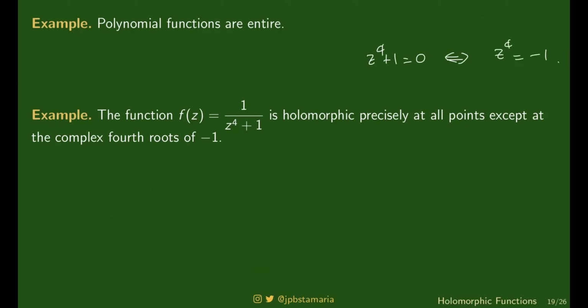So kung gusto nyong malaman precisely kung saan siya hindi holomorphic, kukunin niyo yung mga fourth roots ng -1. Paano yun kinukuha? Tinuro ko sa inyo yun dati. Sulat niyo in polar form. Doon papasok yung polar form kasi mas madaling kunin yung fourth roots pag naka-polar form. Okay?